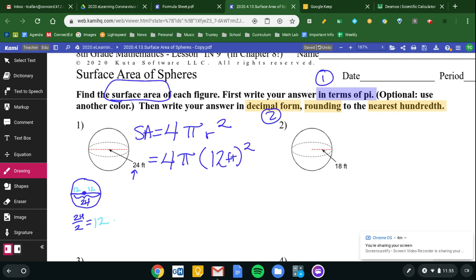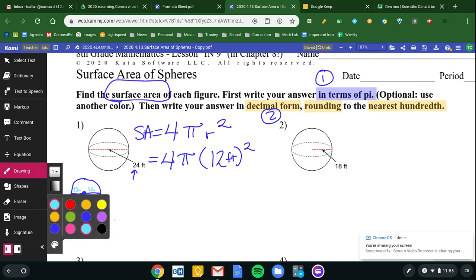And then what we have to remember is it says first write your answer in terms of pi. So I'll move that pi to the side. Now think about it. If you do 1 times 2 times 3, that could be the same as 2 times 3 times 1, or even 1 times 3 times 2.